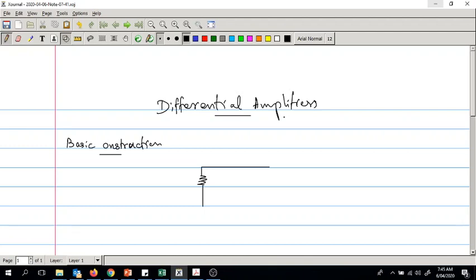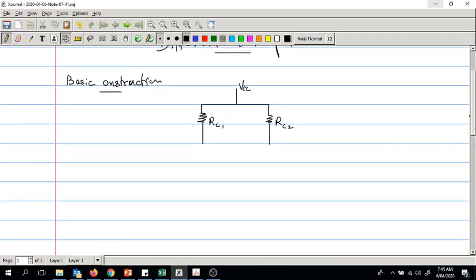So you have actually two amplifiers in a differential manner. So we have VCC. Let's label this as RC1 and RC2, right? So two amplifier stages, two amplifiers in fact.